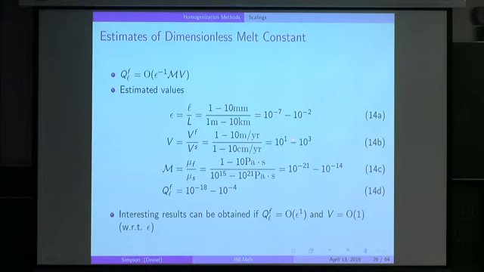So what I view this as: even though V is not order 1 with respect to powers of 10, I'm interpreting it as order 1 with respect to powers of epsilon.